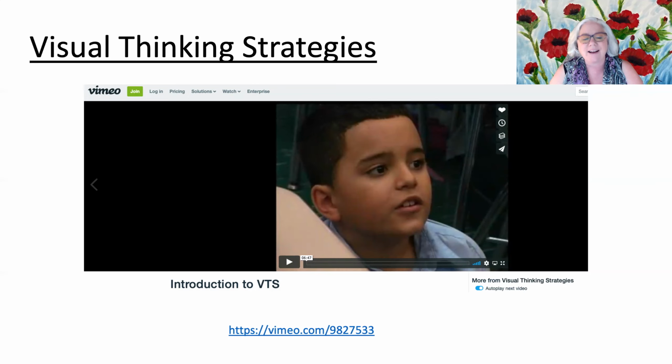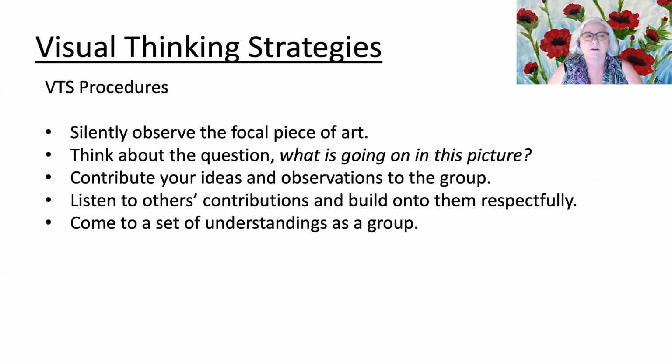Okay, welcome back. I hope you really enjoyed watching that. I'm always blown away by even very young children's abilities to think critically about what they're looking at with art. So as you noticed, I just wanted to give a summary of the procedures that you would use.